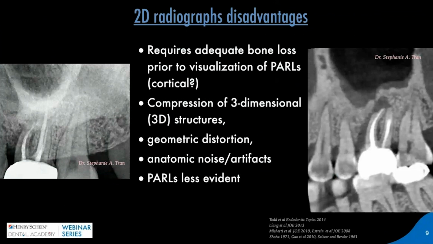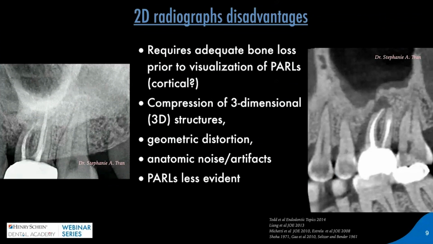Now, in addition to many of these findings, there are certain advantages that a CBCT has over 2D radiographs, especially when it comes to evaluating radiolucencies versus radiopacities. The reason is that 2D radiographs require a certain amount of bone loss before periapical radiolucencies and other radiolucencies actually show up.